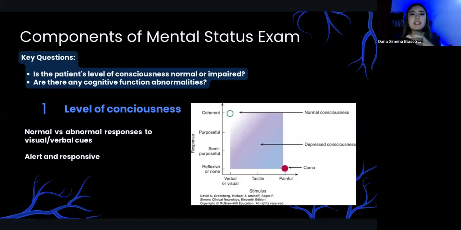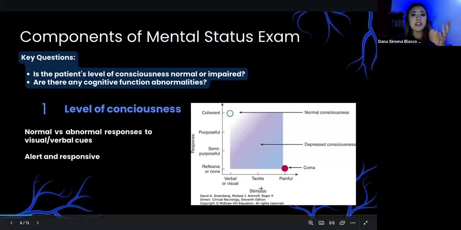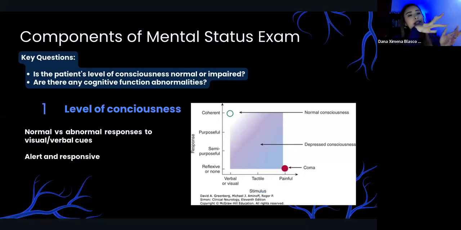So it's semi-purposeful. But here, the level of consciousness is not normal. It's a depressed consciousness. At a tactile stimulus, the patient is semi-purposeful, so that's a depressed consciousness.